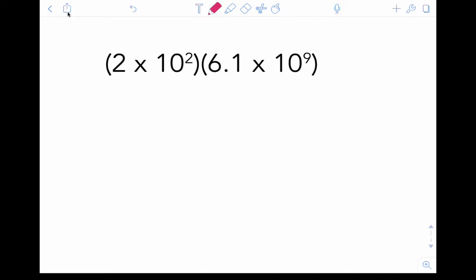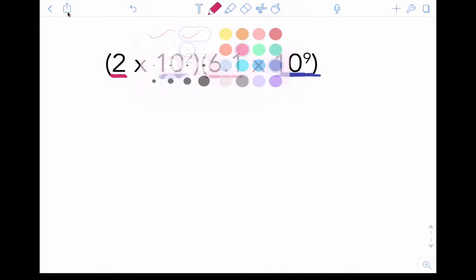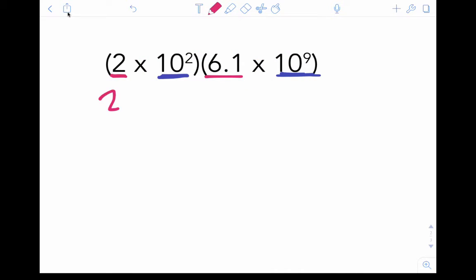And I'm going to group up my whole numbers, and I'll group up my bases. Okay, so I'm going to write this as 2 times 6.1 and 10 squared times 10 to the 9th.